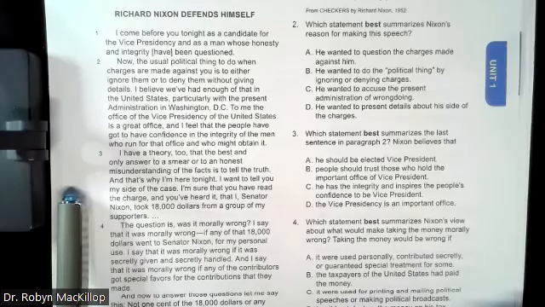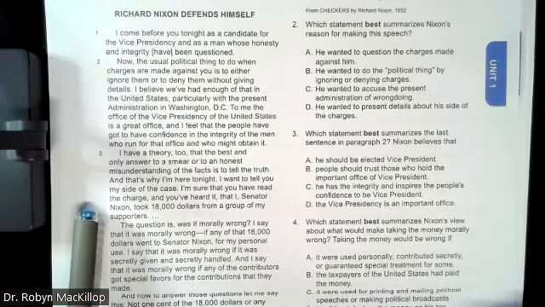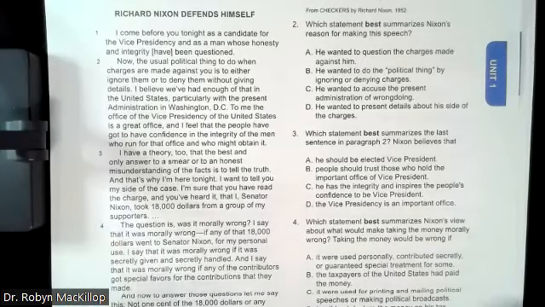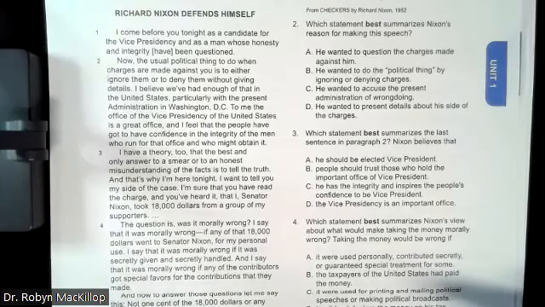I'm sure that you have read the charge and you've heard that I, Senator Nixon, took $18,000 from a group of my supporters. The question is, was it morally wrong? I say it was morally wrong if any of that $18,000 went to Senator Nixon for my personal use. I say it was morally wrong if it was secretly given and secretly handled.